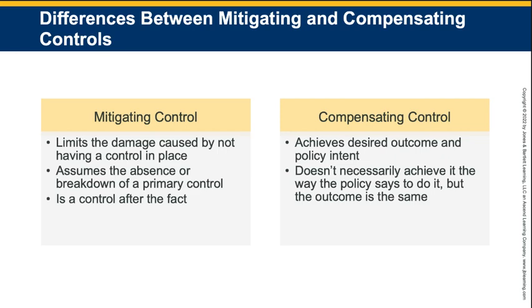Compensation control, basically what is the desired outcome, policy intent. This could be fines, for example. But it's not necessarily the policy of the company. Like for example, paying for fines.